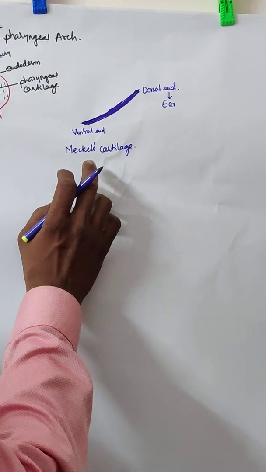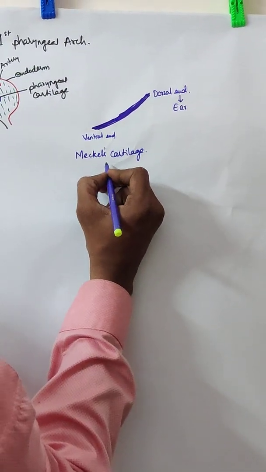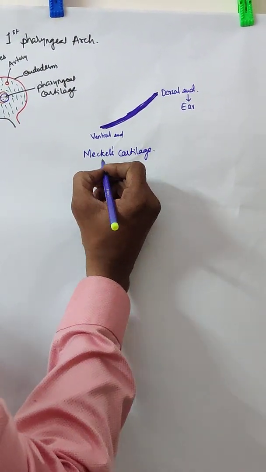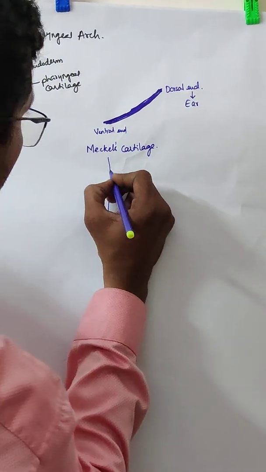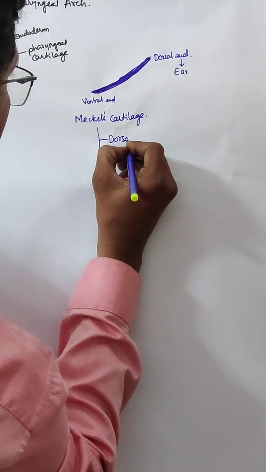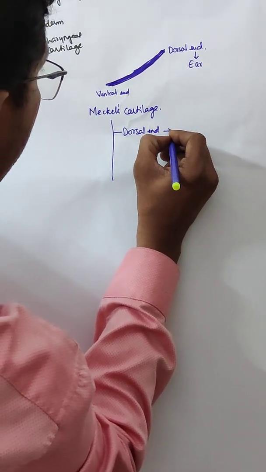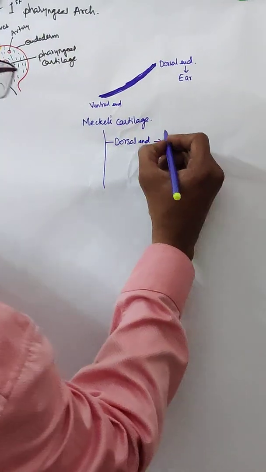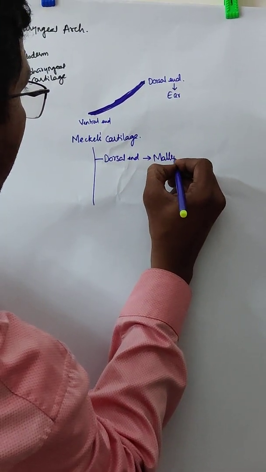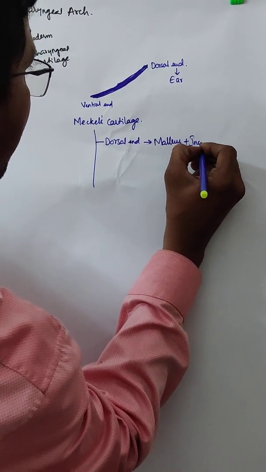So now let me describe this Meckel's cartilage. As I told you, it has a ventral end and a dorsal end. I am writing a few points here. Coming to the dorsal end, this dorsal end of the Meckel's cartilage gives rise to 2 bones called the malleus and incus.